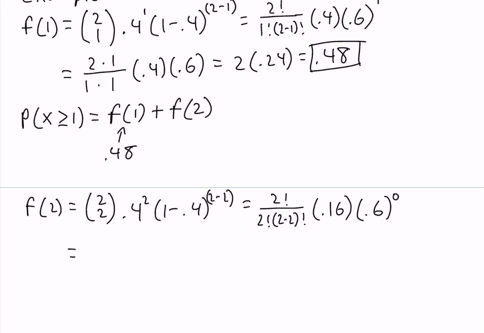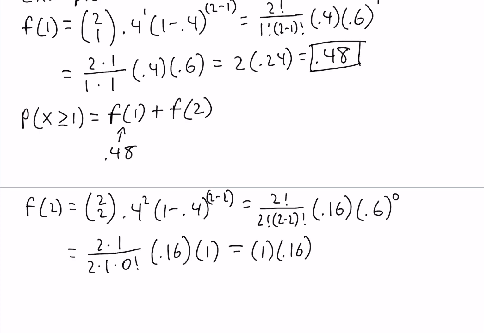So 2 factorial is 2 times 1 over 2 times 1 times 0 factorial, times 0.16 times 0.6 to the power 0, which is simply going to be 1. Now 0 factorial is equal to 1. That's just the rule. So the first part here is going to be 1 times 0.16 times 1, which is going to be equal to 0.16. So this is going to be equal to 0.48 plus 0.16, which is going to be equal to 0.64.